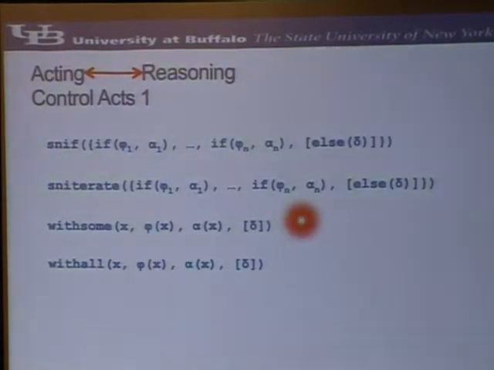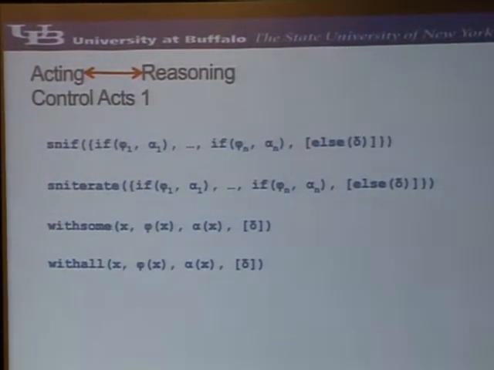With some x that satisfies phi, perform alpha. But if there is no x that satisfies phi, do delta, if that's included. So that's like the old example: put a quarter in your pocket into the parking meter. With a quarter that's in your pocket, put it in a parking meter.